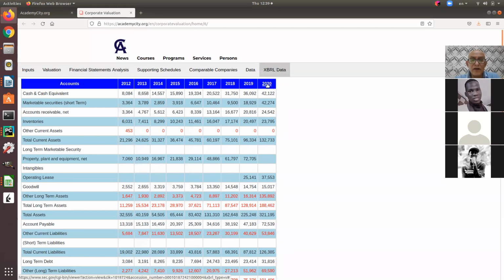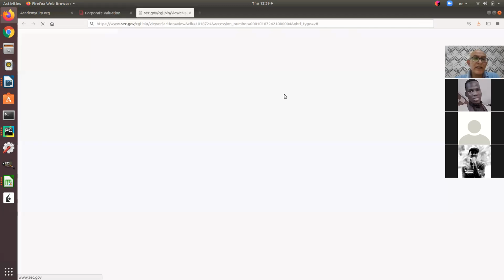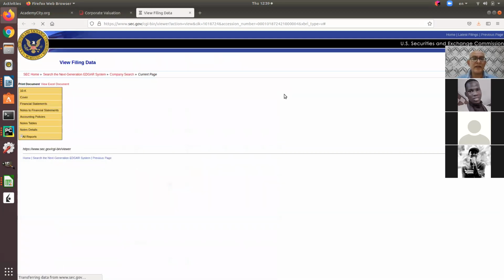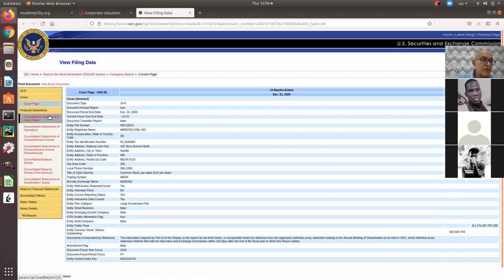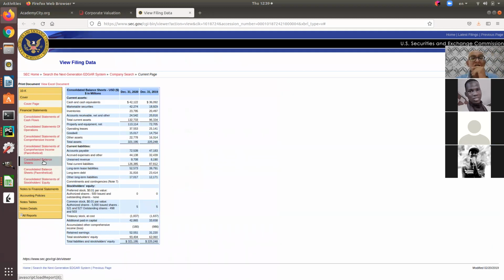So if you click on 2020, it takes you immediately to the website of the SEC for that year of that company. If you click on financial statements, let's take the income statement or the balance sheet, the consolidated balance sheet. I click on this one. You see the SEC gives you the balance sheets already done.